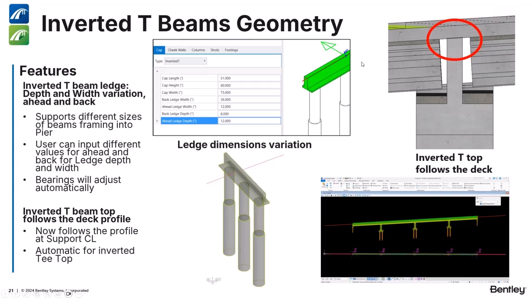So that's one. And also the ledge was only one dimension. Now you can specify different lengths for the ledge where the beams will sit. So you can specify that right on the dialog box. So of course the bearings will adjust automatically too.